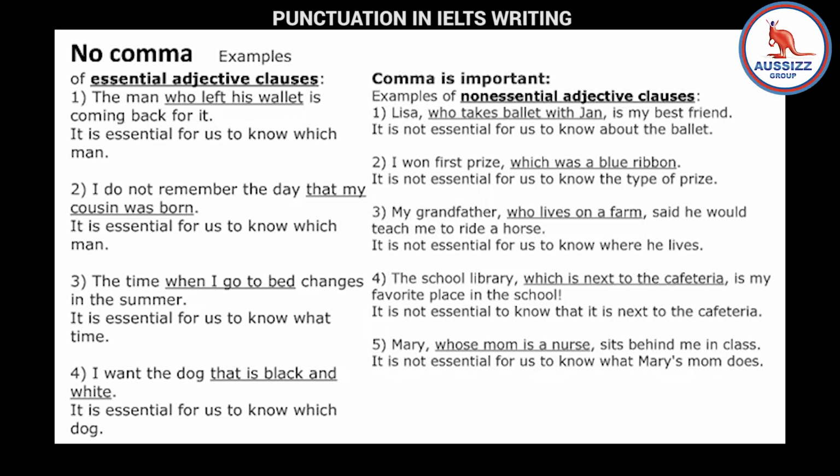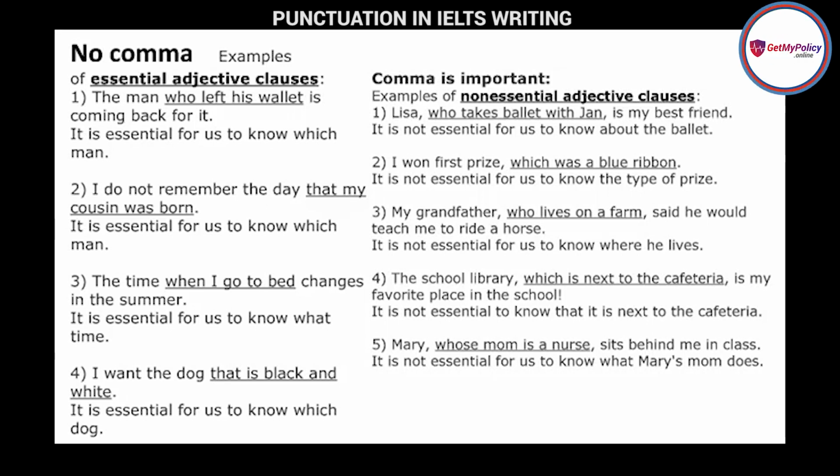And it is not important to add that information. The second example for essential adjective clauses is, I do not remember the day that my cousin was born. I do not remember the day. Which day? That my cousin was born. Right? So it's essential for us to know which day.